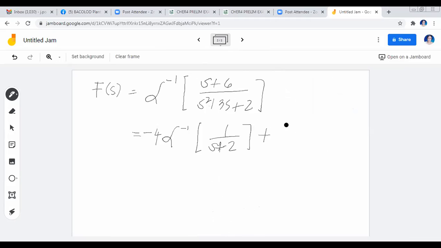So this should be 5 inverse Laplace of 1 over s plus 1. If you have this inverted, you will have negative 4 times e raised to negative 2t for the first term, and the second term is 5.